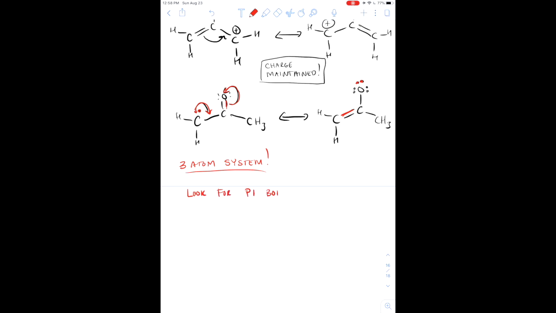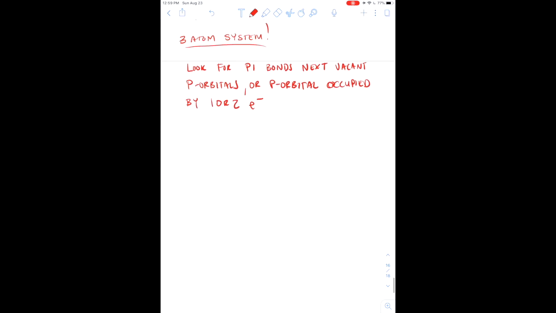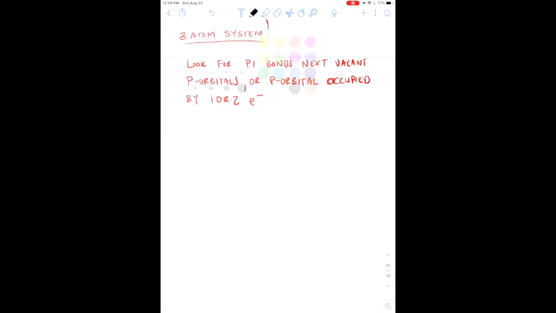When you're doing these, what you want to do is look for pi bonds that are next to vacant p orbitals, or you can look for p orbitals that are occupied by 1 or 2 electrons. I'll give you a couple examples just to see what we mean by this.